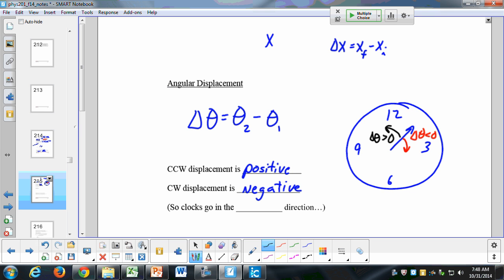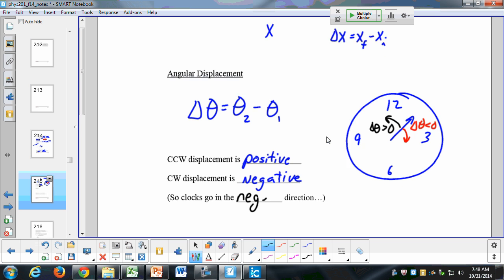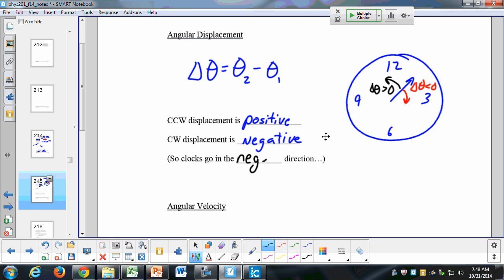But if you use your right-hand rule, you let your fingers go in this direction, and then your thumb gives the direction of the angular vector. And so this would be a positive k direction, and so they would take this to be positive. I'm not sure that that's why they do that, but it's my best guess. All right, so clocks go in the negative direction here. If that helps you remember, clockwise is negative and counterclockwise is positive.